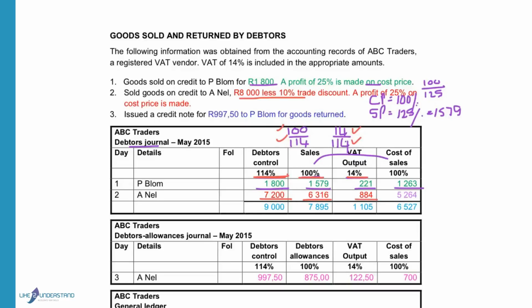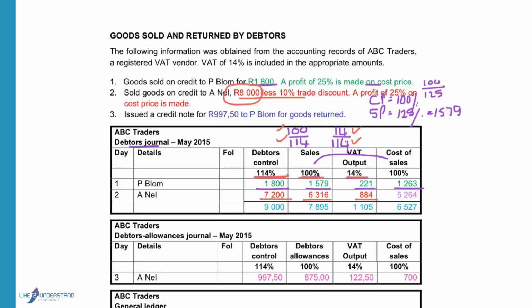When we calculate the cost price, it is very important to remember that the cost price must be calculated on the normal sales price, because when the goods were purchased, you added 25% to the cost price to determine the normal sales price. If you give trade discount, it will not reduce your cost price.